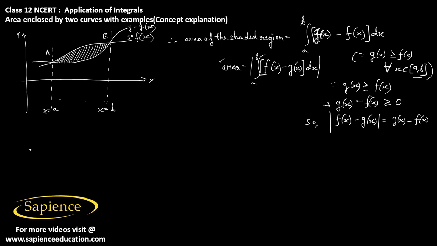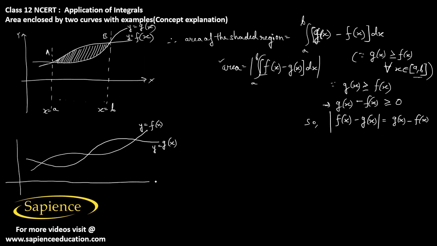So now in the second case, suppose we have the function f of x like this, and g of x like this. Suppose this is the graph of f of x and this is the graph of g of x, meaning y equals f of x and y equals g of x. So this is the x-axis and this is the y-axis.